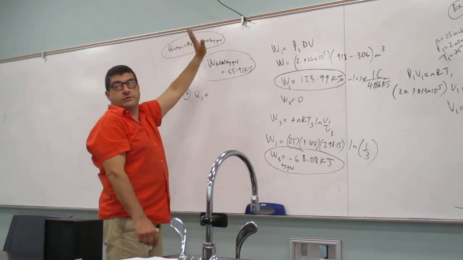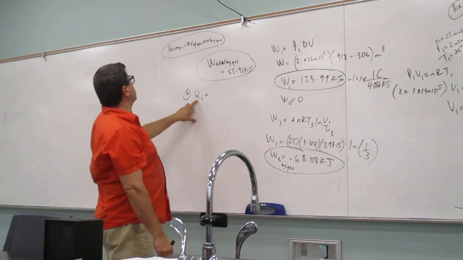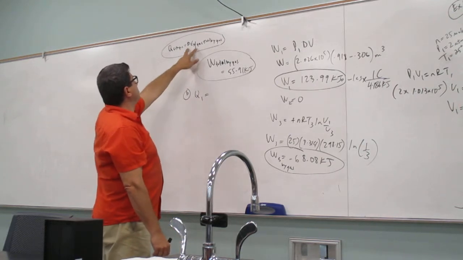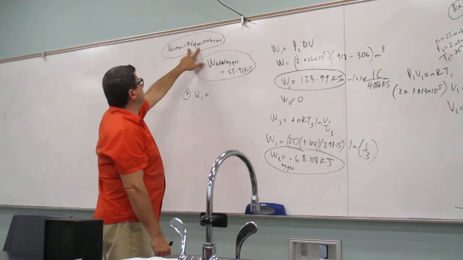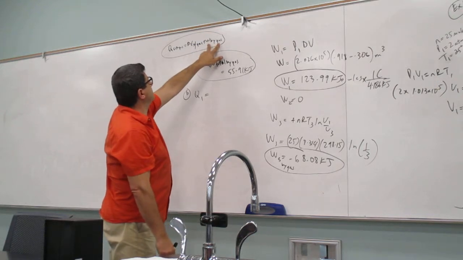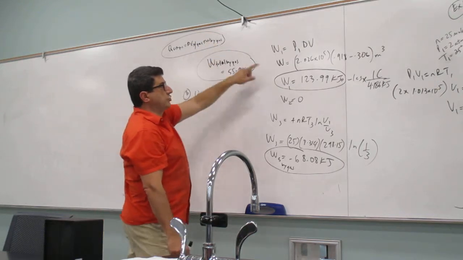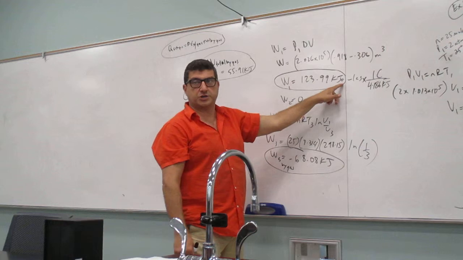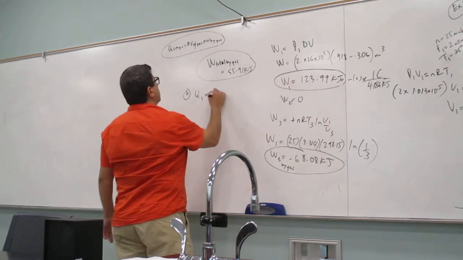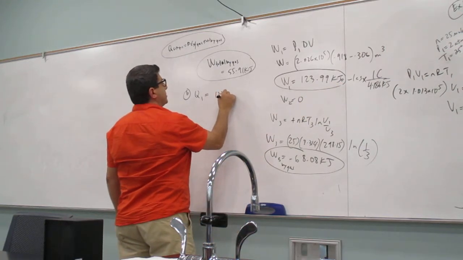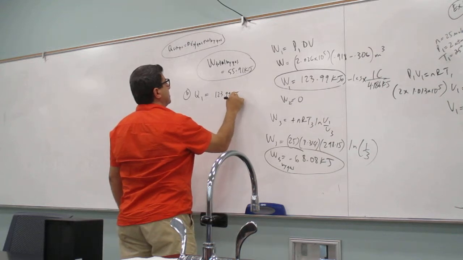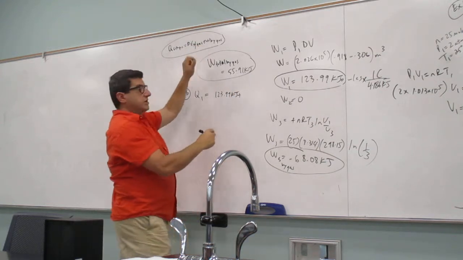You see, so that form I like. So now I can say Q1 is equal to the change in internal energy of the gas plus work by the gas. So work by the gas I already know is 123.99 kilojoules during stage 1, right?